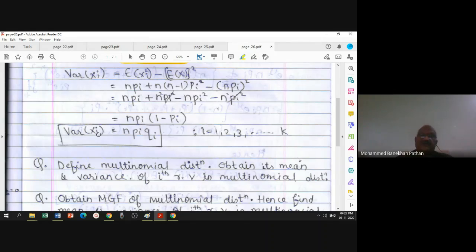For a particular variable i, it will be n pi qi. So for a particular variable of multinomial, the result of the binomial distribution holds. It's true. Therefore, you can remember the mean of the ith random variable in multinomial distribution is n pi, and the variance of the ith random variable in multinomial distribution is n pi qi.